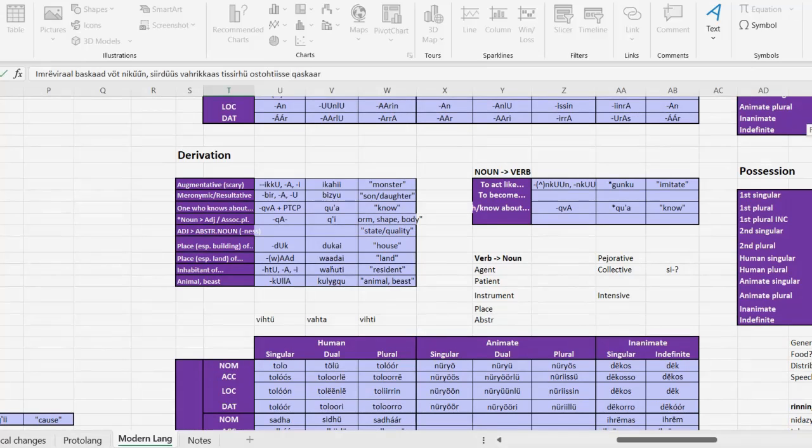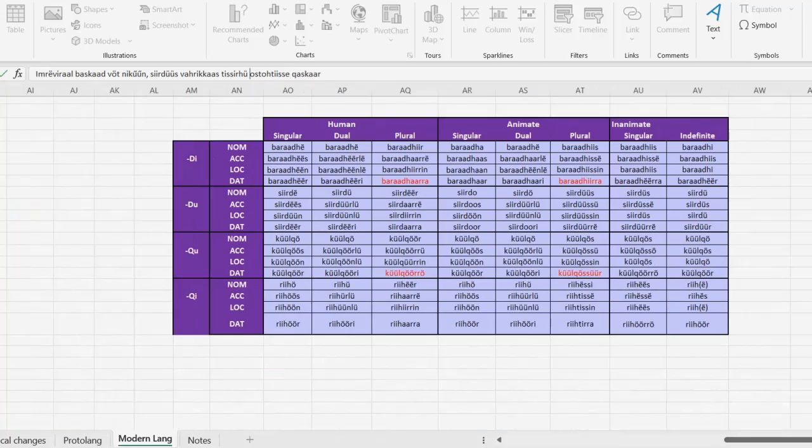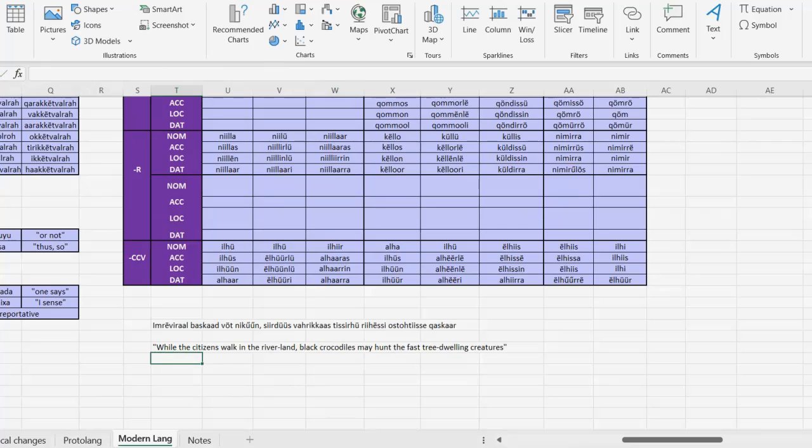So that's tree dwellers, specifically tree-dwelling animals. And then finally, the tree-dwelling animals are fast. Animate plural accusative. Okay, I think that's the whole thing. In which case we would get Imruchviral baskad vetnikin, sirdus verrikas de circuricussi ostochtis kaskar.